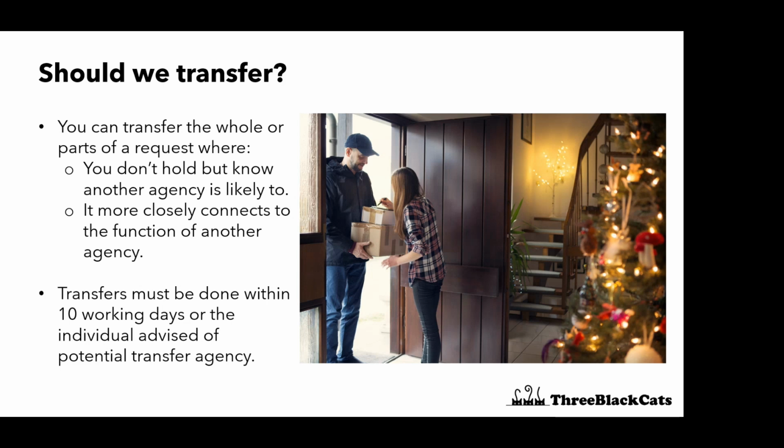So we can transfer the request to MBIE. So we can transfer this request in whole or in part. So we might say, actually, we'll keep half of this request ourselves because they also ask for information about their citizenship, which is DIA. So we'll keep that bit and we will transfer part of it over to MBIE.